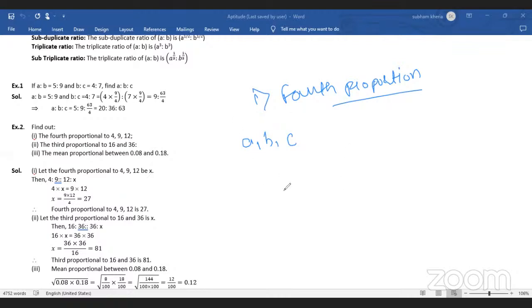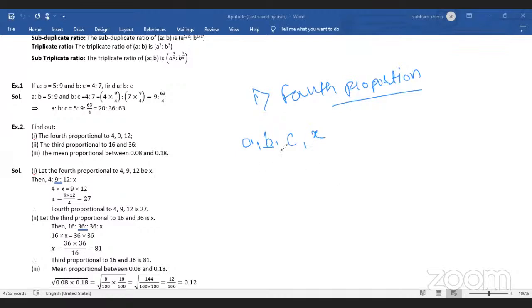For proportion, how many numbers are required? 4 numbers, right? Yes, very good. 4 numbers are required. Here how many numbers do we have? 3 numbers. So let the fourth proportion be x.